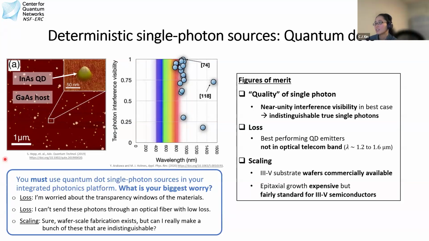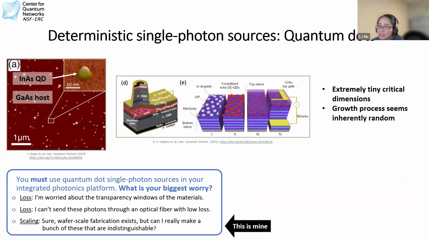Okay. Yeah. So depending on where you are coming from in the field, and obviously people will argue about this, you'll have different concerns. But my biggest concern is this one, scaling, which is most of you.